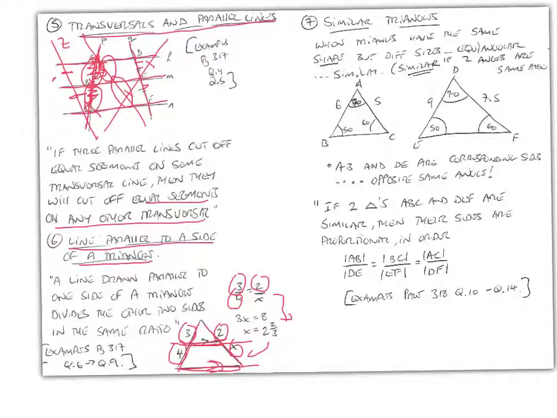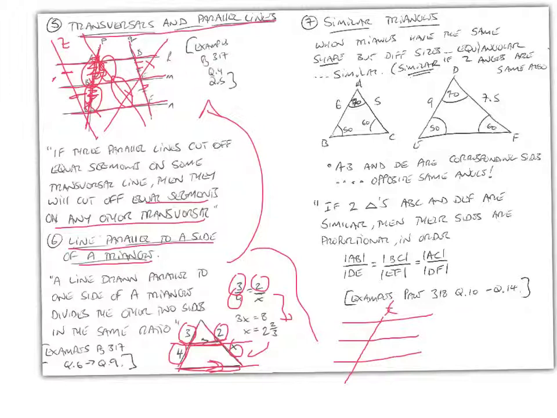Really, this theorem here is an extension of this theorem, because if I have three parallel lines and I have a transversal T, and it cuts this so that this side is equal to this side, and I put another transversal through here, then from this theorem that means that this is the same as this side.